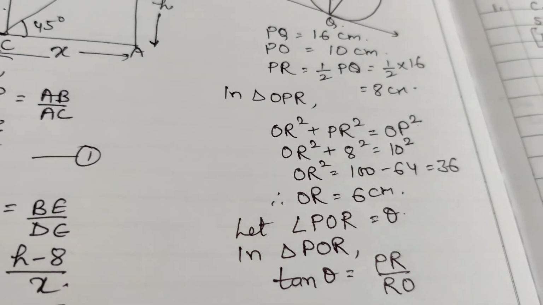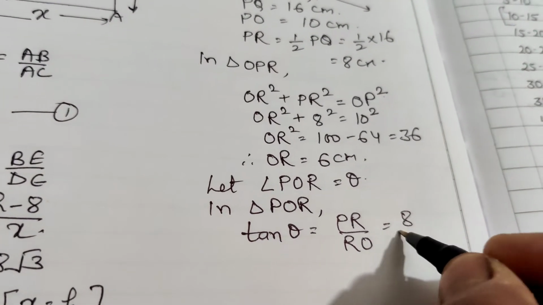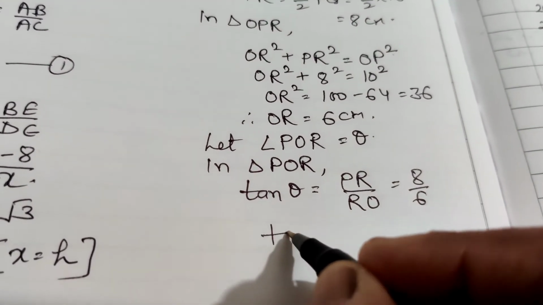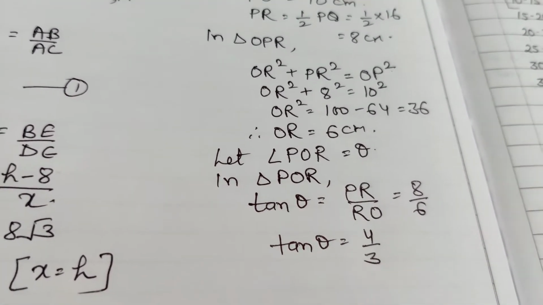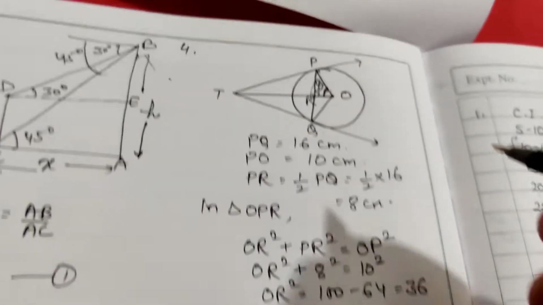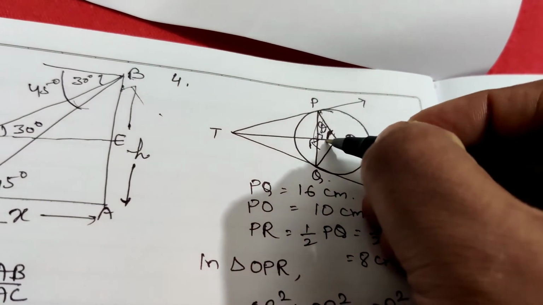PR is 8 and RO is equal to 6. Then tan theta equal to 4 by 3.